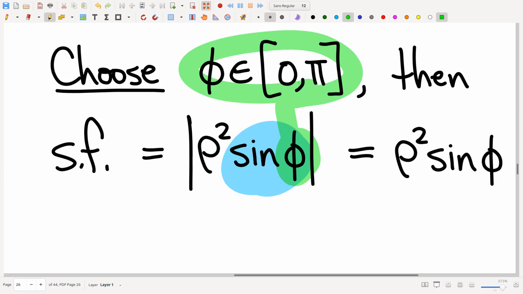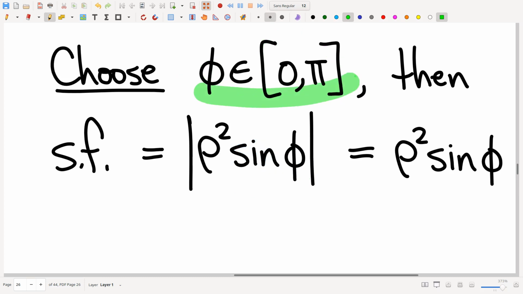Okay, so again, good news. These are the only values of phi I really liked in the first place. So as long as I promise to use only my favorite values of phi, then I get the benefit of not having to worry about absolute values.